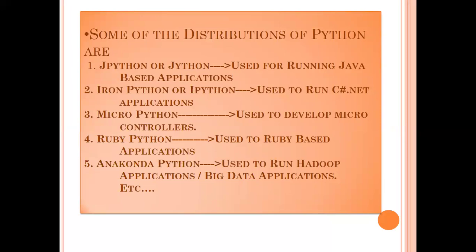IronPython or IPython is used to run C#.NET applications. MicroPython is used to develop microcontrollers. RubyPython is used to develop Ruby-based applications. Anaconda Python is used to run Hadoop applications, which means big data applications.